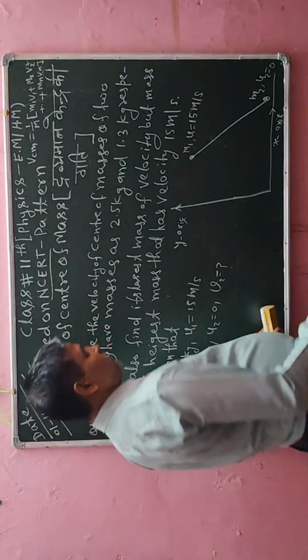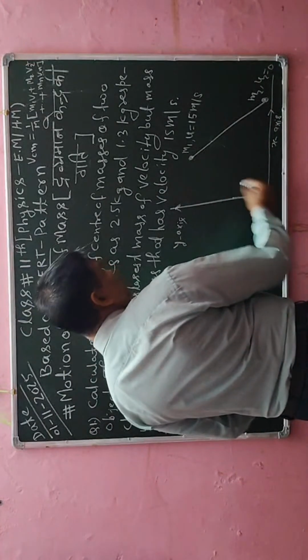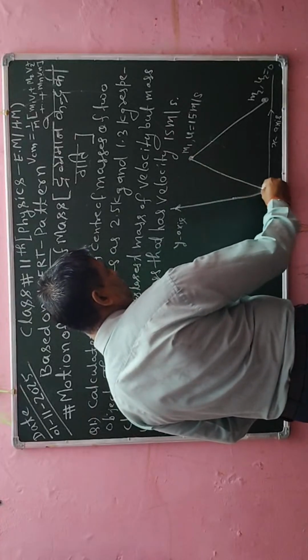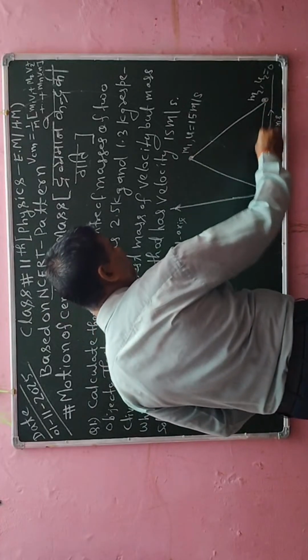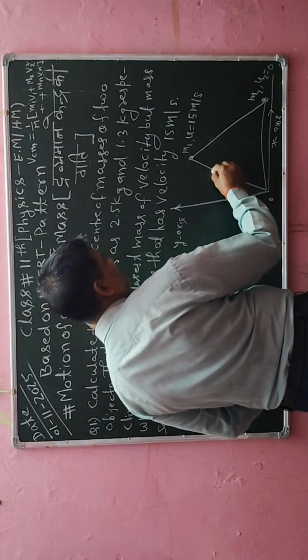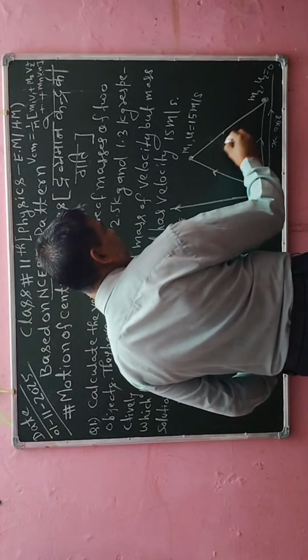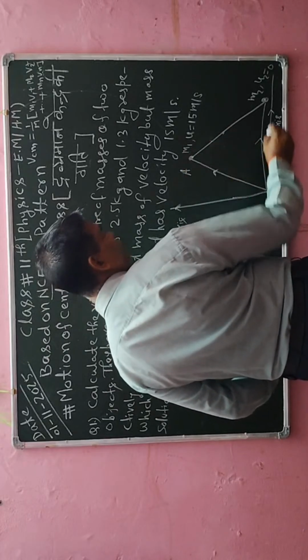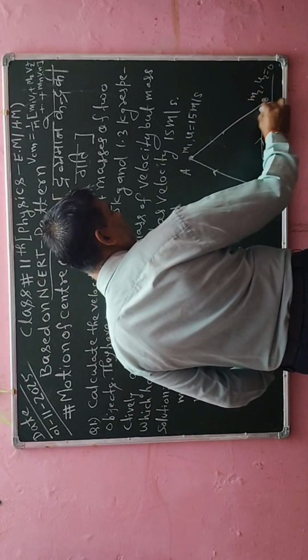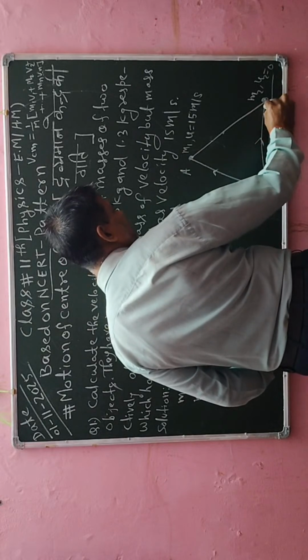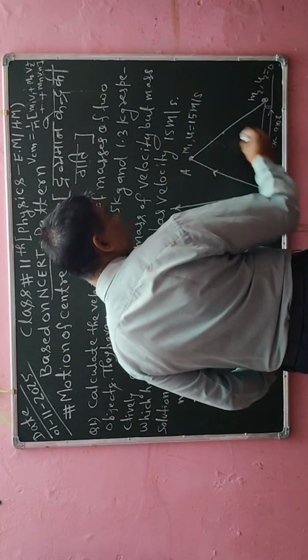Now I have to draw these two lines from the center. So I will say there will be a point here. I am saying one point is A, and the other point here is point B.